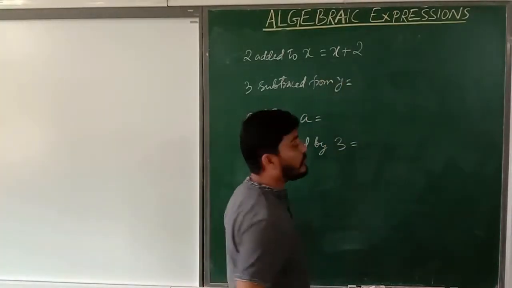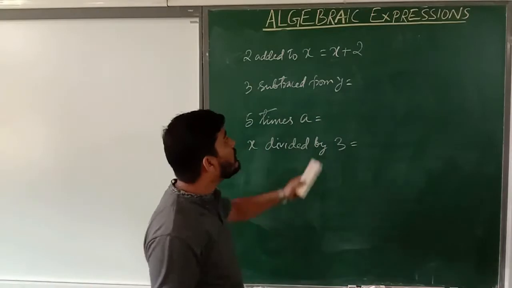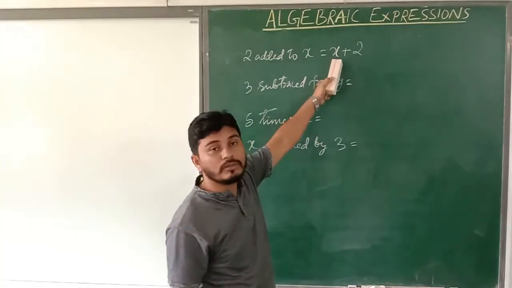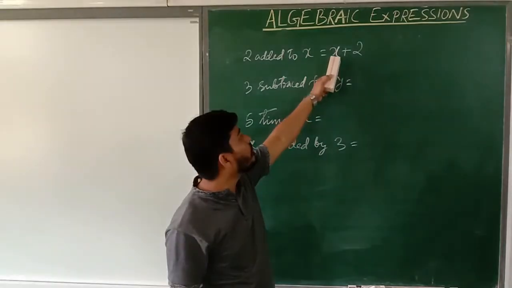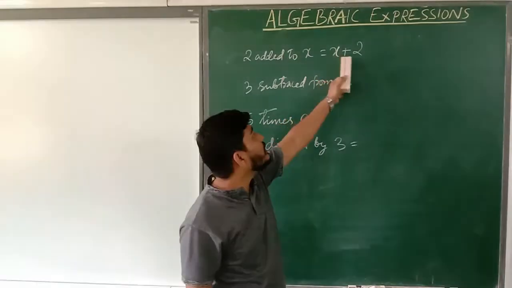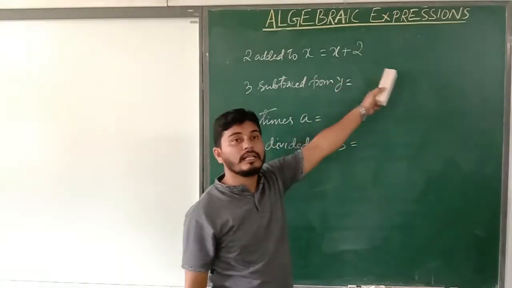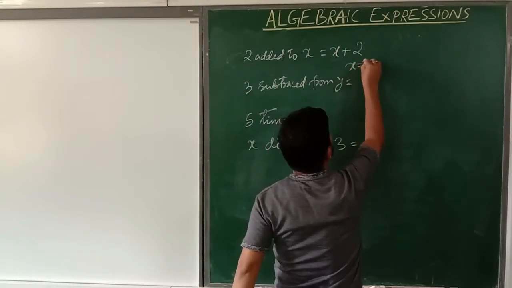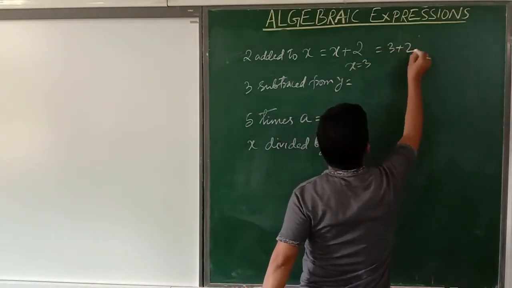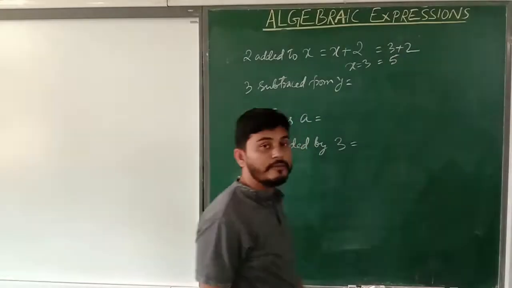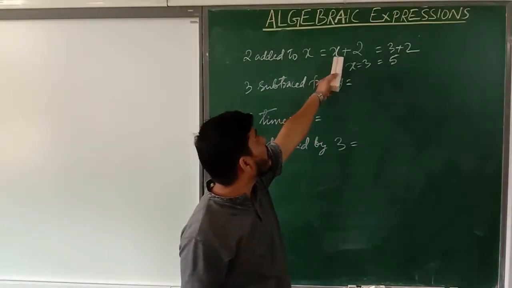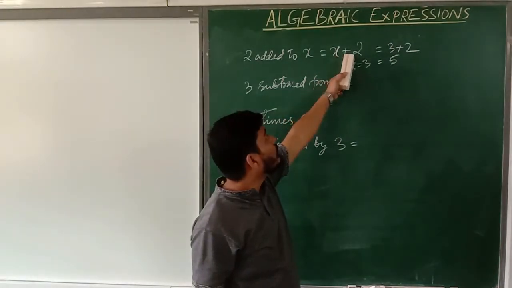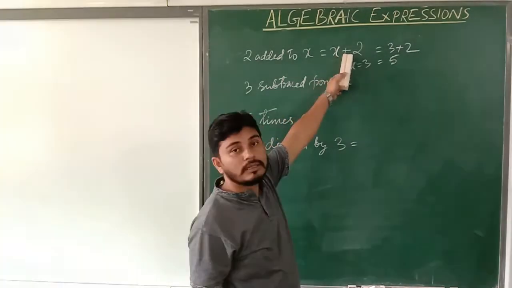Now if we have some value for x, say x equal to 3, then we can add and get the result: 3 plus 2, which is equal to 5. So the variable x, or any variable, obeys the rule of addition.